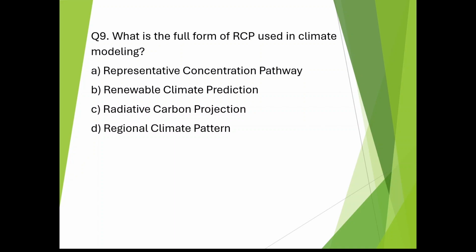And these are the scenarios that include possible greenhouse concentration trajectories that we have discussed in one of our objective problems. RCP mainly refers to the scenarios of greenhouse concentration trajectories, and they are used by the IPCC for climate modeling and forecasting purposes.